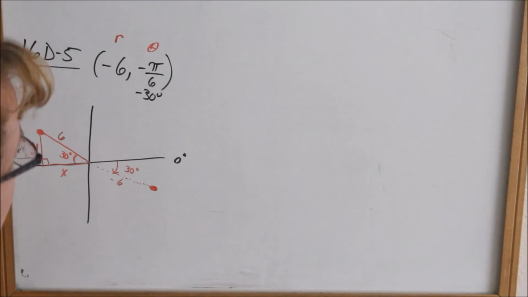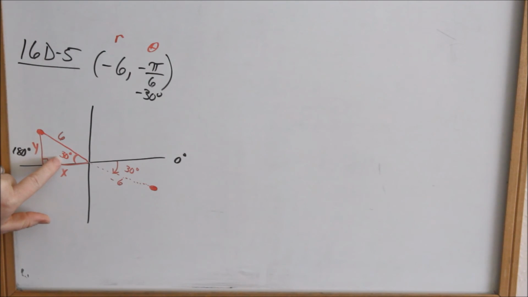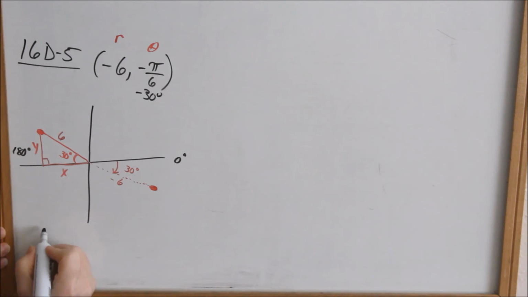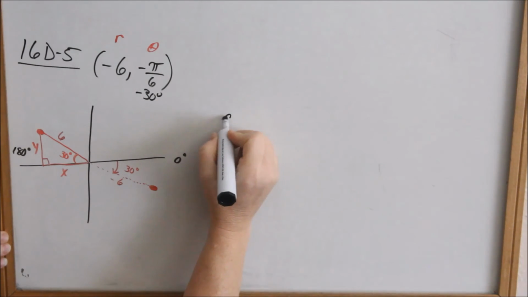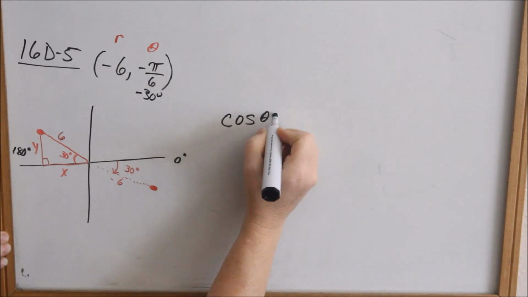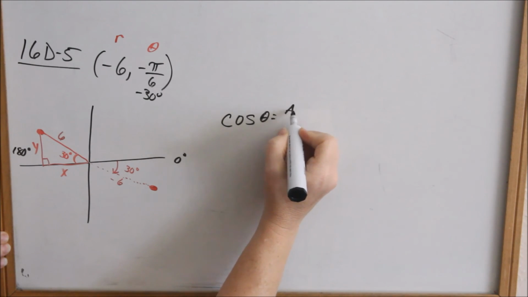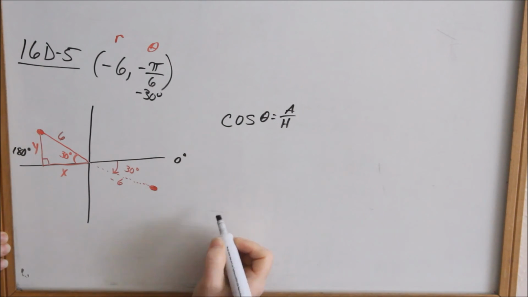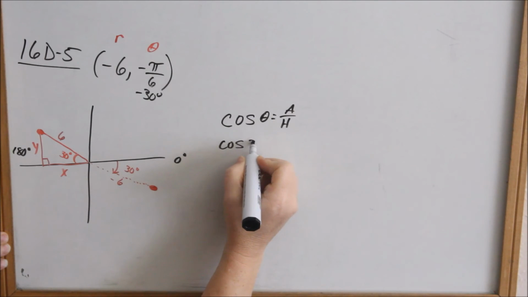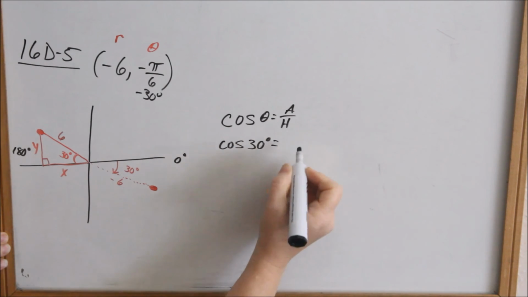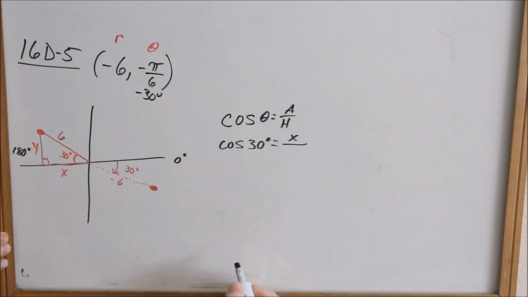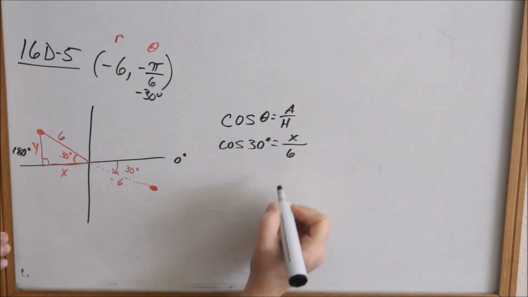Well, if I know this angle and I know my hypotenuse, what trig function can I use to solve for x? Cosine, because cosine theta equals adjacent over hypotenuse. Well, I know my angle, cosine of 30 degrees equals, I don't know my adjacent, that's my x value, over my hypotenuse, which is 6.